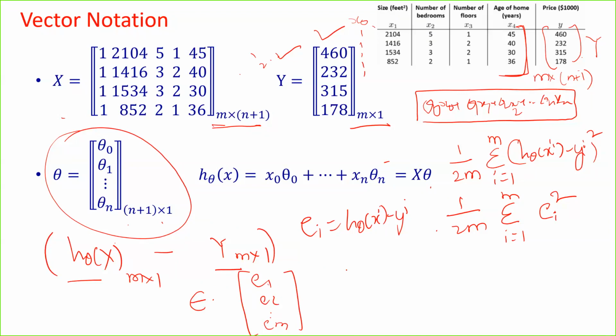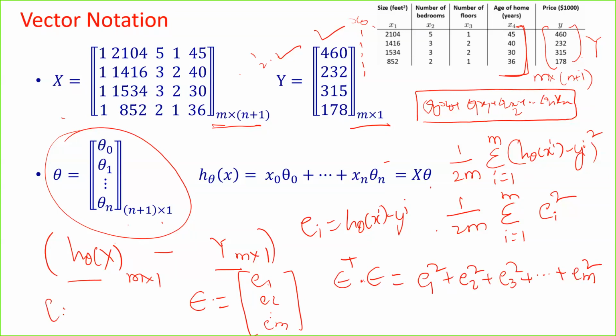So what happens when I take E transpose with E? What will I get? E1 square plus E2 square plus E3 square and so on up to EM square. Am I right?